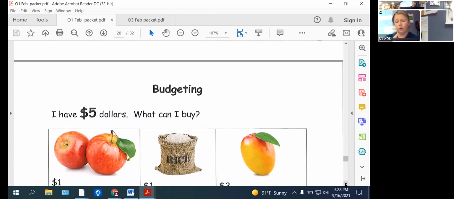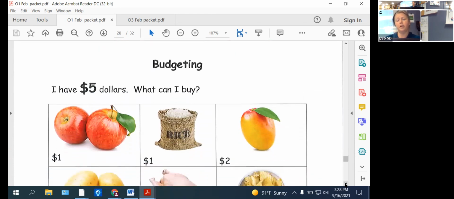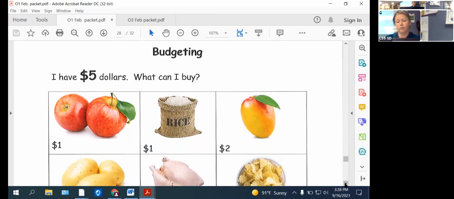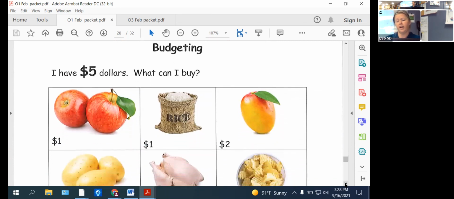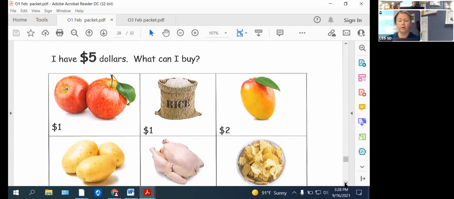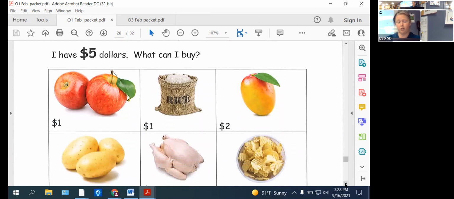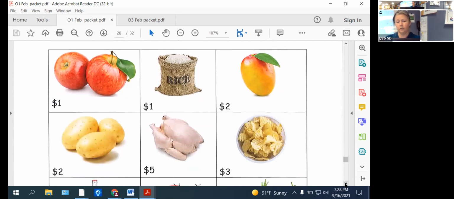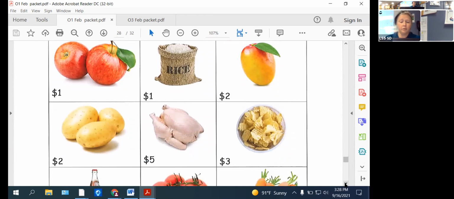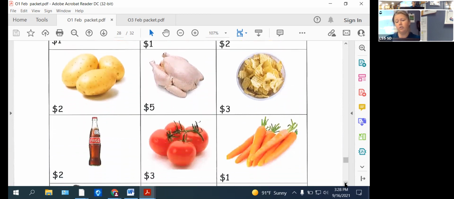After all the vocab building, working on numbers, working on counting, then we got into some budgeting. We talked about, okay, we have $5, and we made sure we knew what each picture was and what each item cost. We talked about what we can buy with $5, and each student had their option to go shopping, per se.